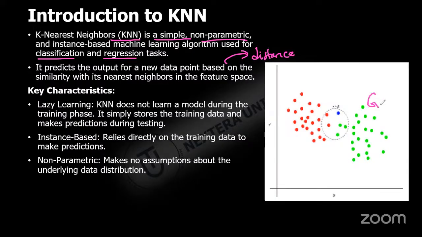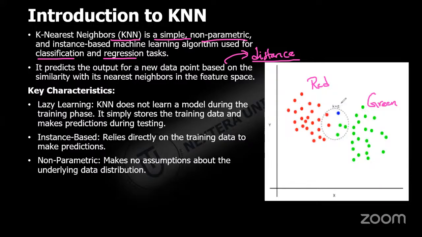One is the green class and the other one is the red class. For this new data point, if I want to assign one of the classes, I'll use the concept of distance. Accordingly, for the new data point, the class will be assigned.